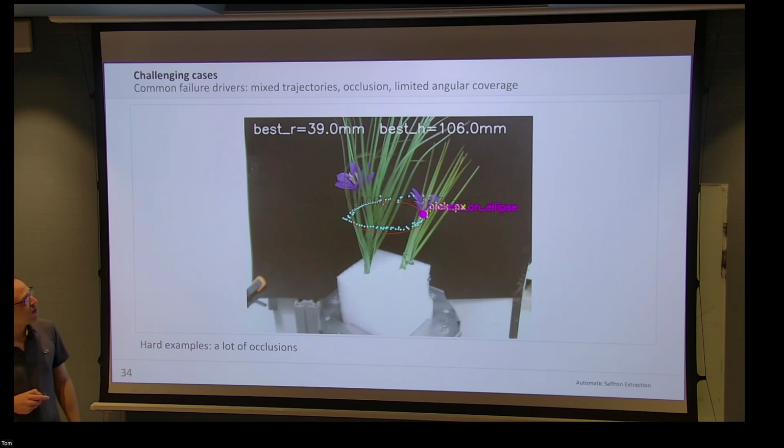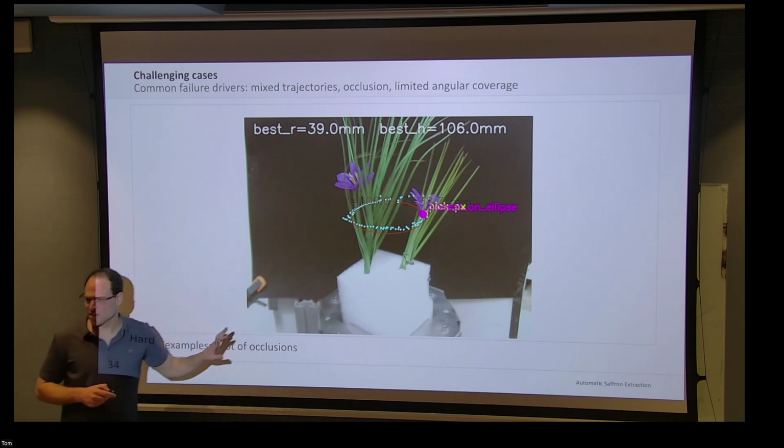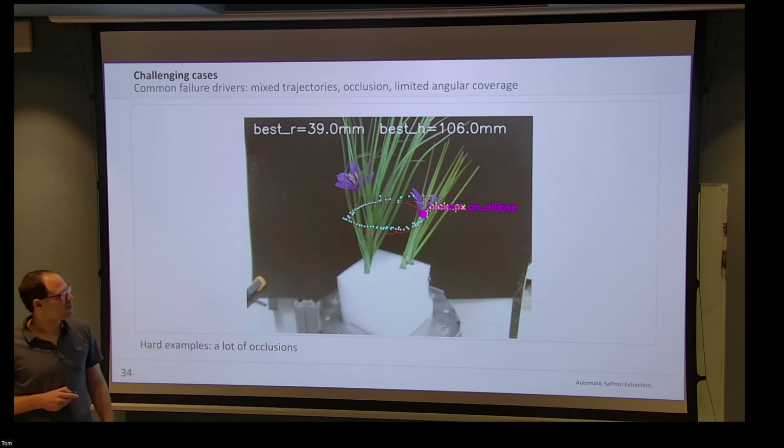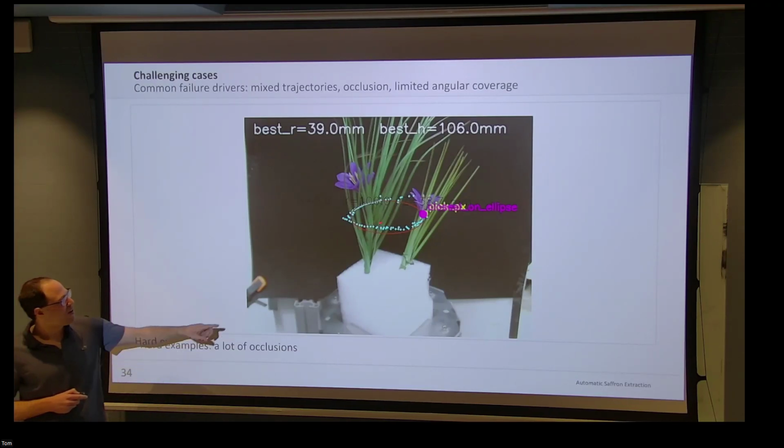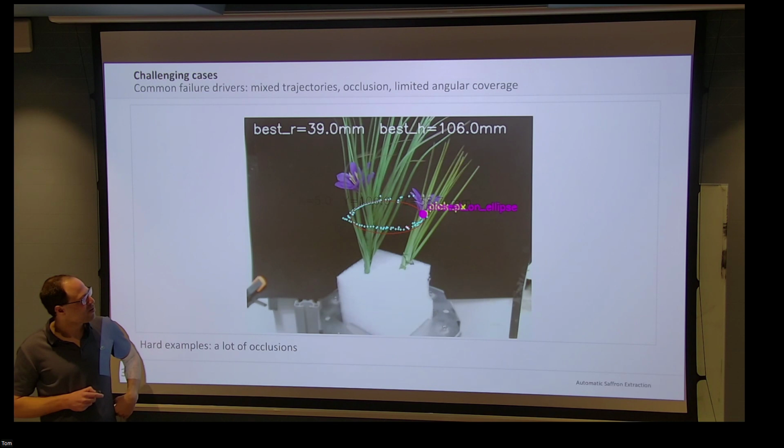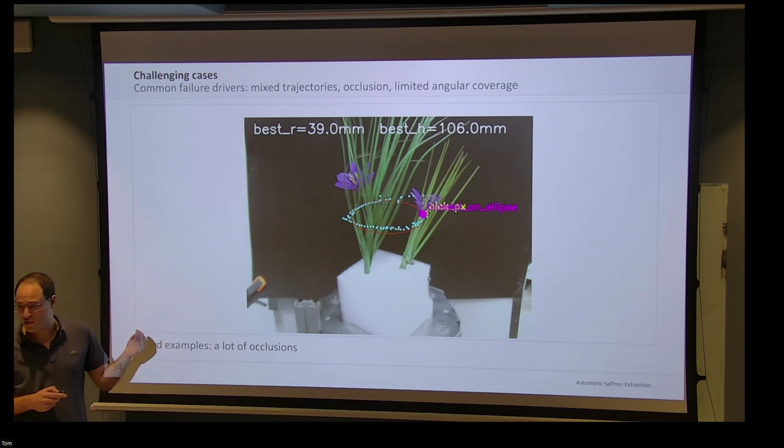Here is another example, 2 plants. Especially here we had a big area, because we use 2 plants. It's not our project, it's just a test I did to see my algorithm, or our algorithm, sorry. We have here a big area of outliers because it was occluded very much.